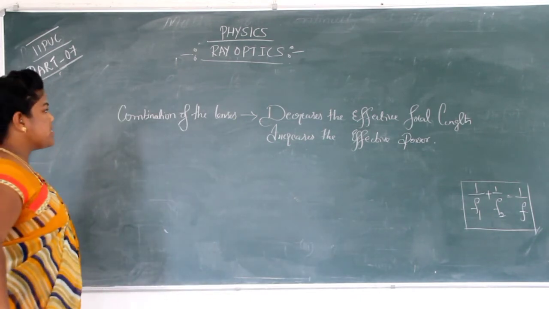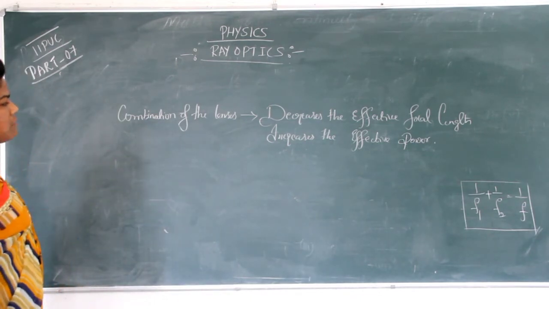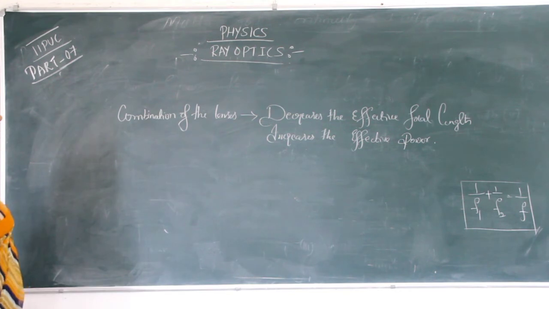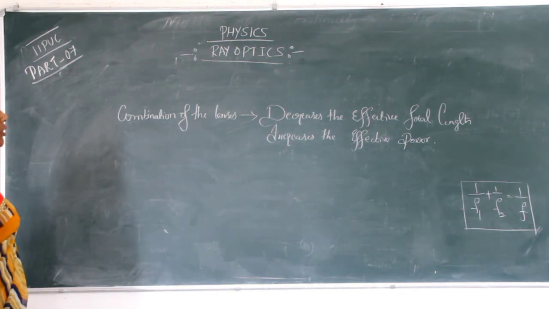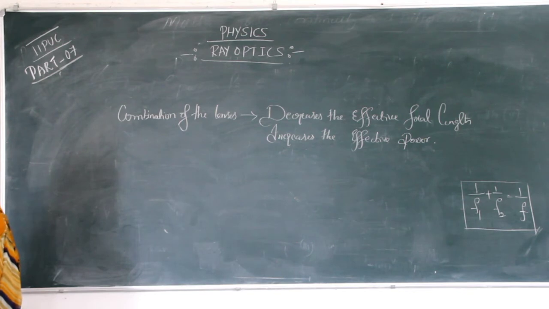Dear students, here I have given 1 by f is equal to 1 by f1 plus 1 by f2, which is the formula for a combination of two thin convex lenses in contact.